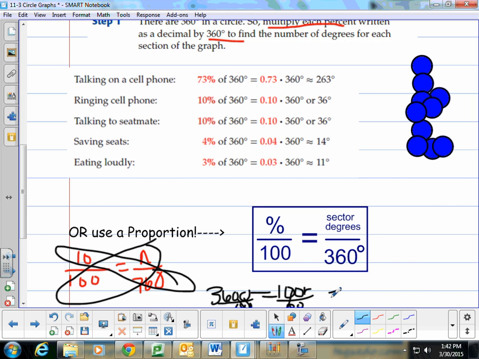You would end up with just 36 degrees of a circle is 10%, just like we did up here. Either one really does work. I prefer this method up front because it's just a quick move the decimal and multiply, rather than multiplying and then having to divide again.